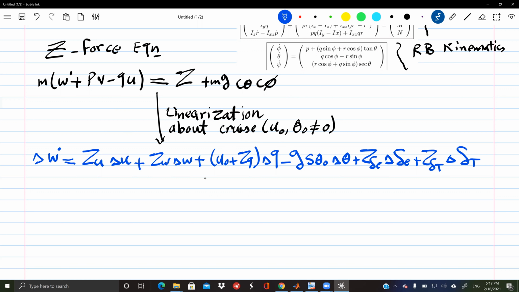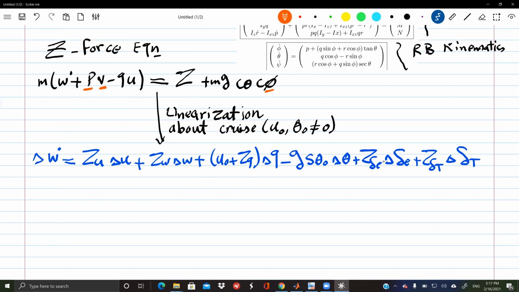Look at this. I want you to look at this now. We started with this equation. It had many variables. It had w dot. Well, I have w dot also here. It had p and v. Well, now neither p nor v exist in the linearized version, in the blue version. They are gone.